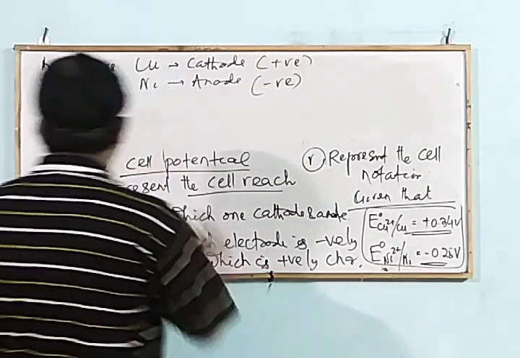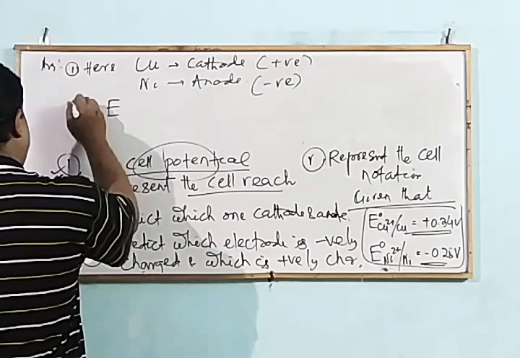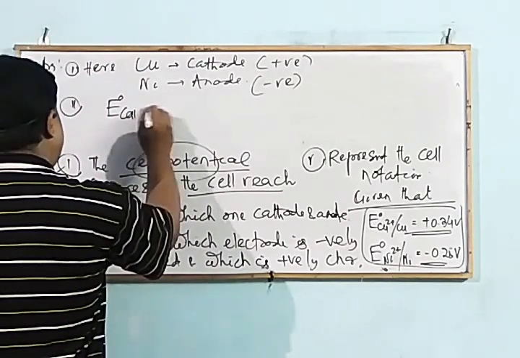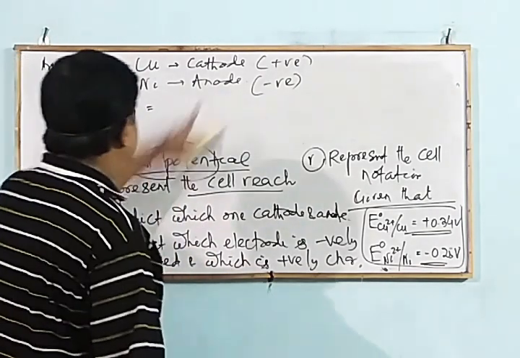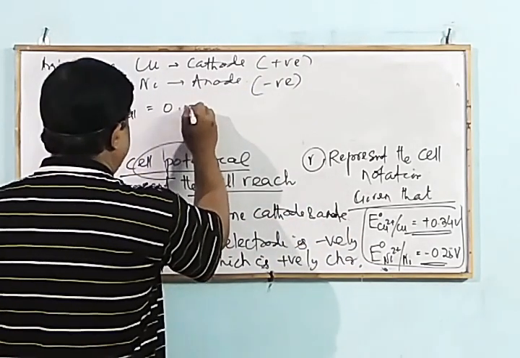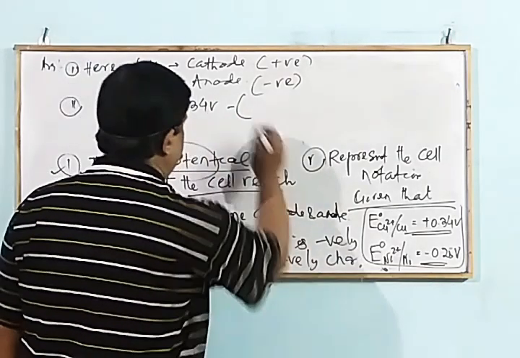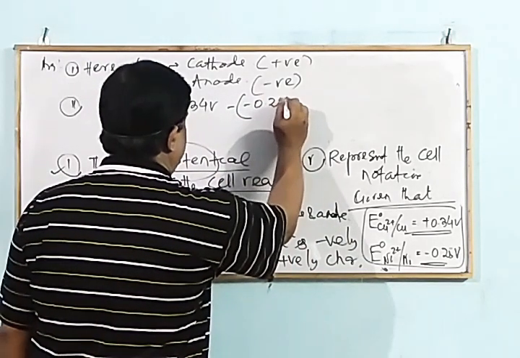Then we have to calculate the cell potential. E cell is equal to the reduction potential of cathode, 0.34 volt, minus the reduction potential of anode, minus 0.25 volt.